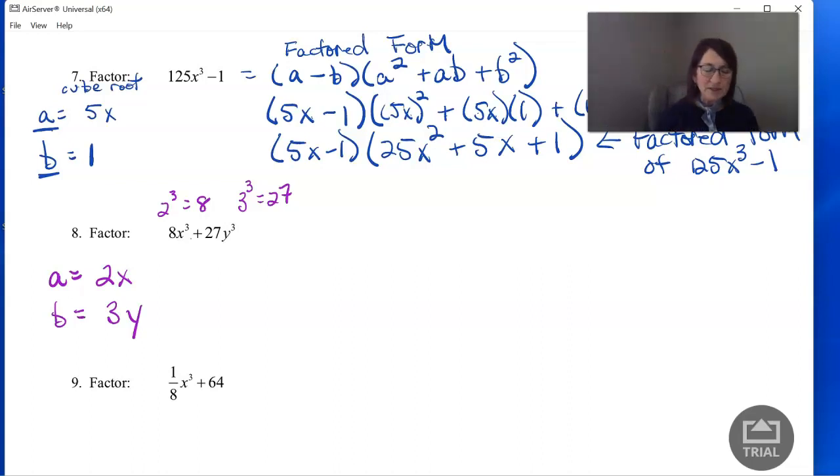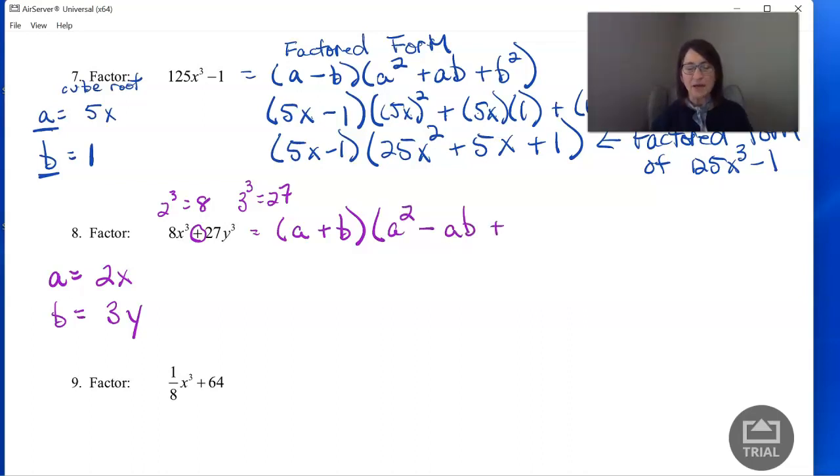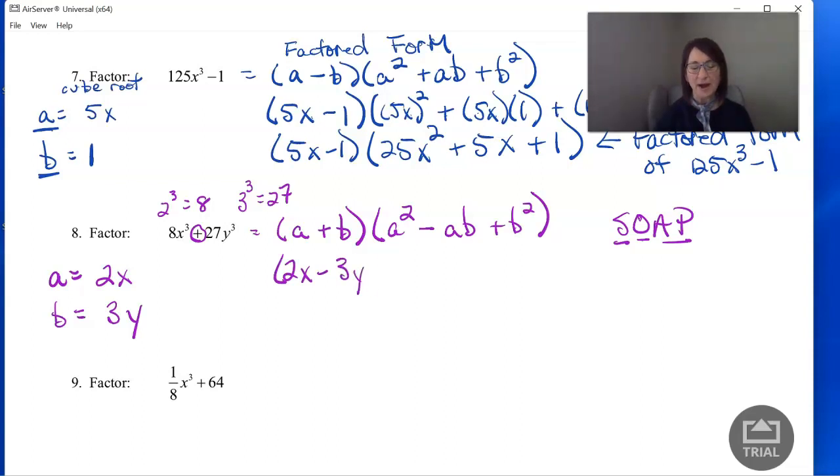So now, because this one is the sum of two cubes, our factored form is just slightly different. It's going to be a plus b, and then a squared minus ab plus b squared. So it's just our signs that are different, and you do that remembering that acronym SOAP. Same, opposite, always positive. So now let's just plug in our numbers. So that's 2x minus 3y.